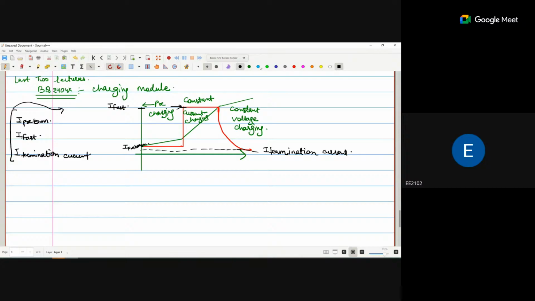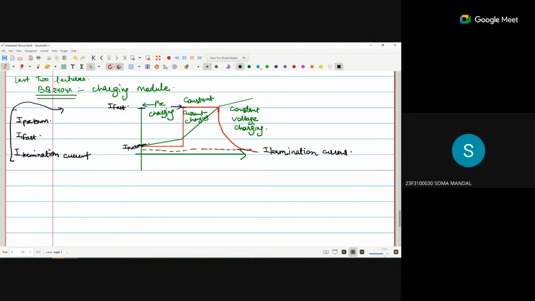If the data sheet or the parameter values are given, how we calculate these three values was also discussed in the last 2 weeks. So that is the important part. In week 9, this is the important thing.